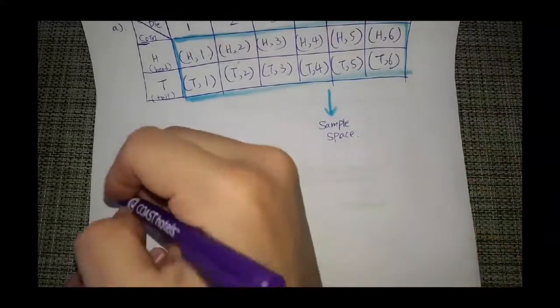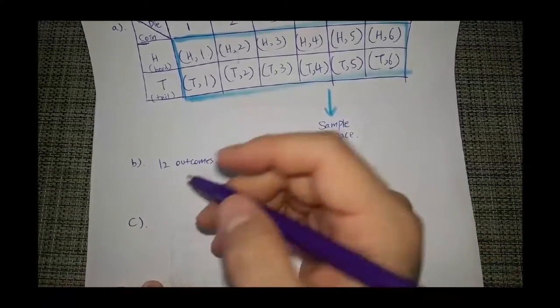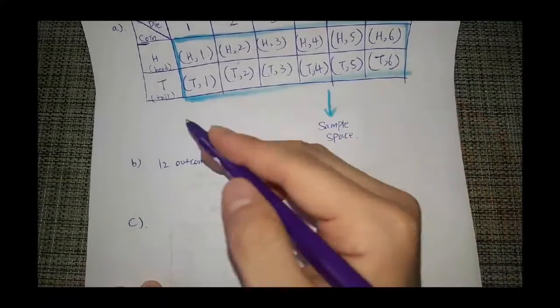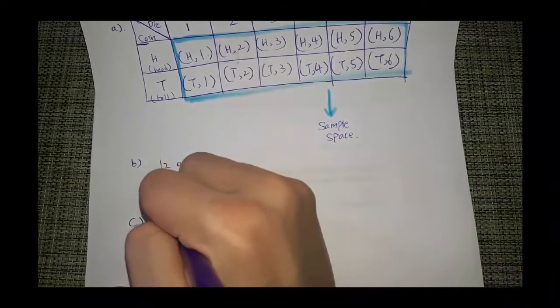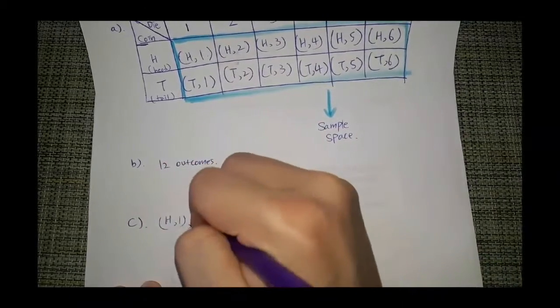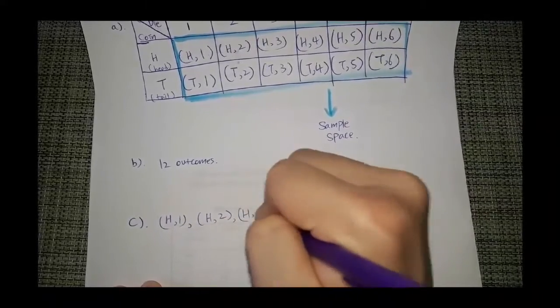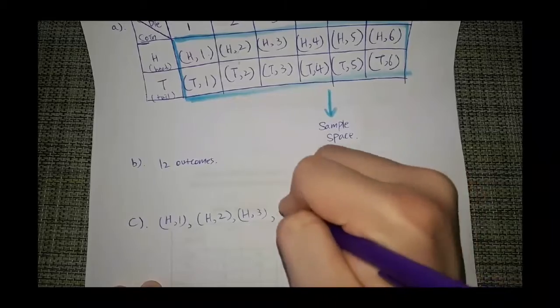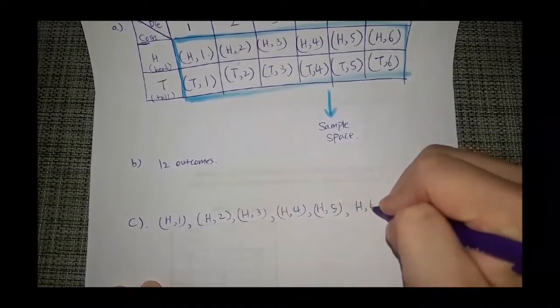when we describe entire sample spaces, we can list everything, even though the table part already found it. But sample space: head 1, head 2, head 3. You got the idea.